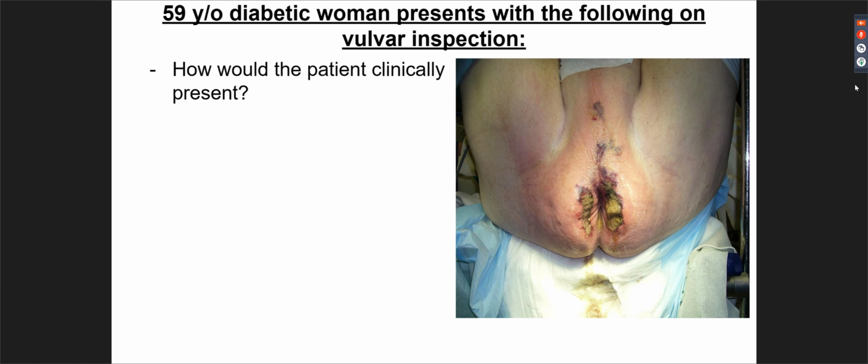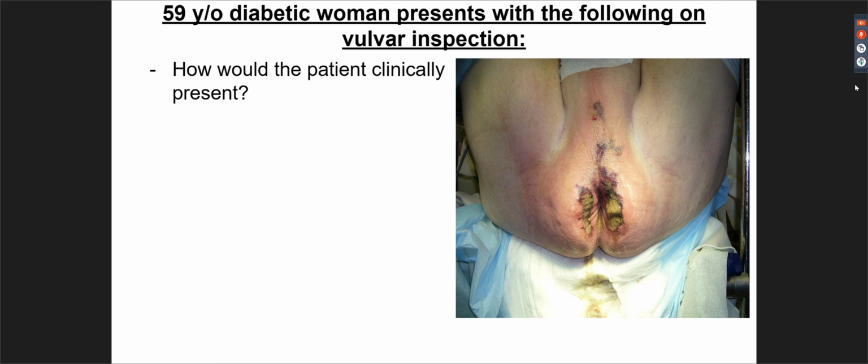And what do you think is going on in this picture? So from what I can tell, it looks like we're looking at the introitus, and then she has this symmetric erythema, and she has these lesions.